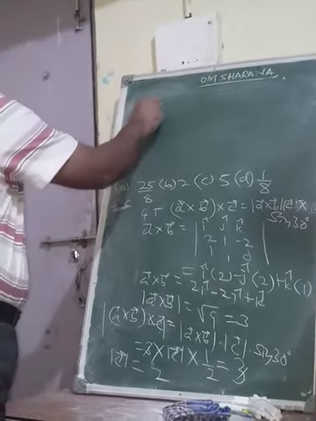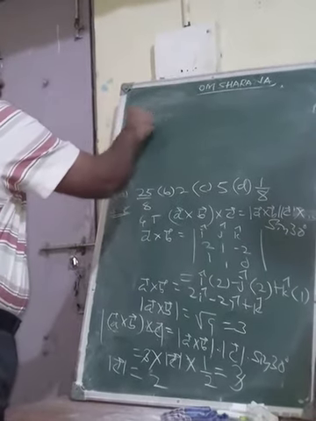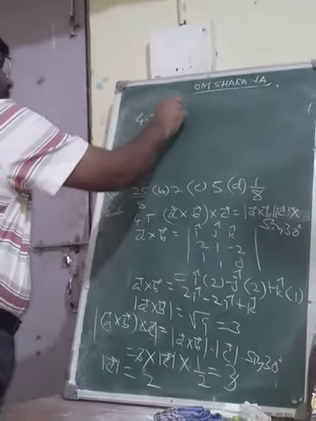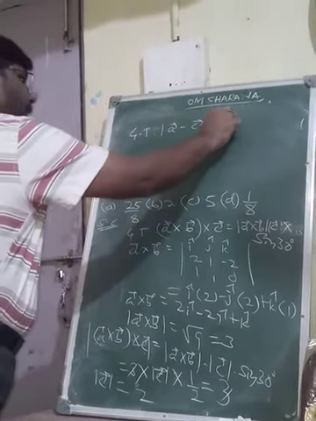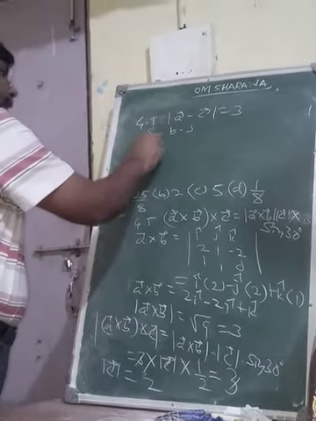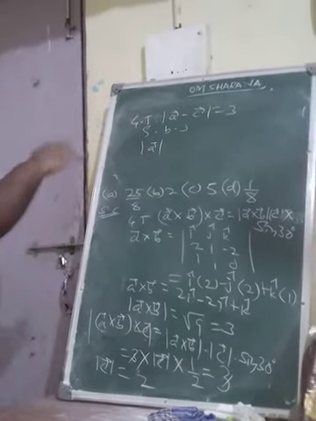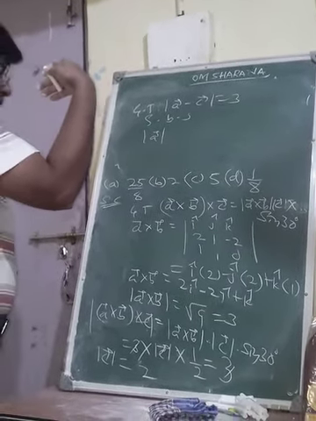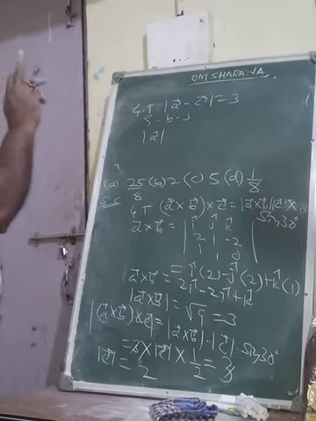We know that it is given that the magnitude of vector A minus vector C is equal to 3. Squaring both sides. Vectors are not squared directly, their magnitudes are squared. Please keep this in your memory.